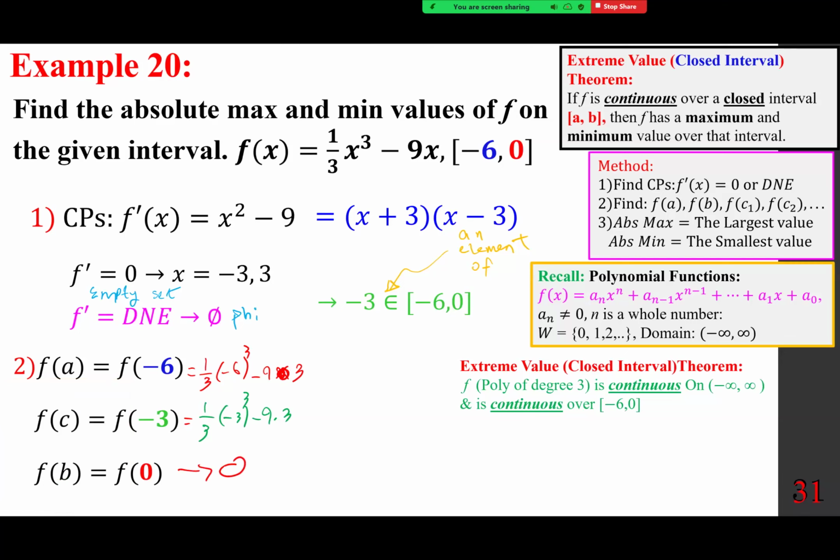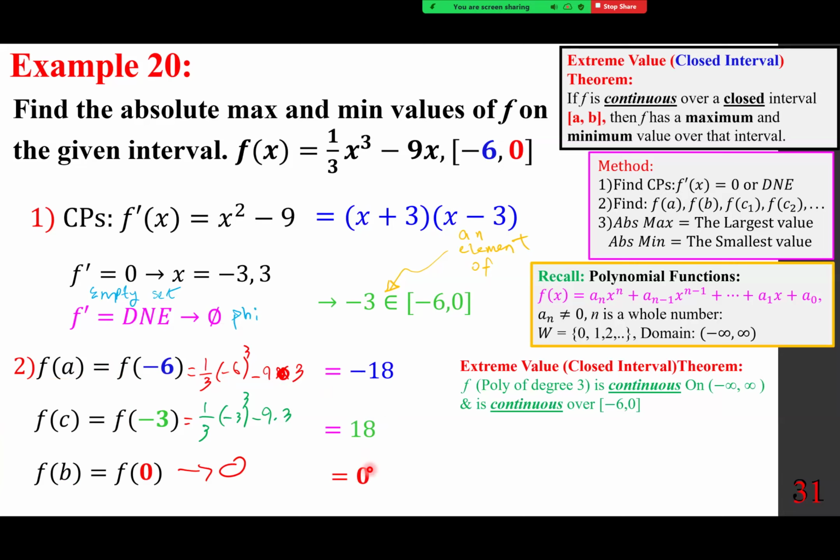I mean, this is 0. Just plug in and it becomes 0. So that's obvious. So you evaluate each one, you get -18 here, +18 here, 0 here.